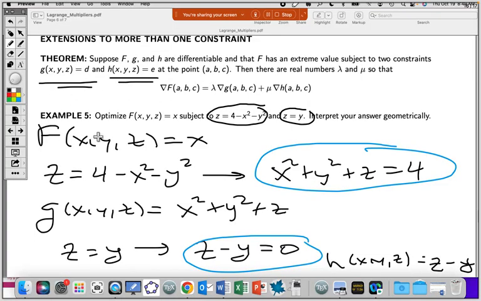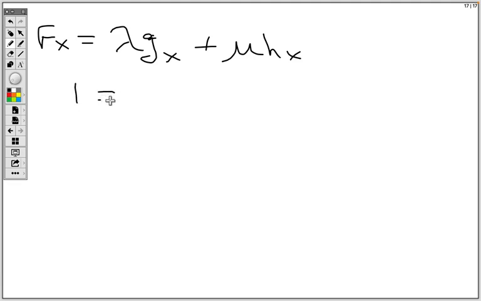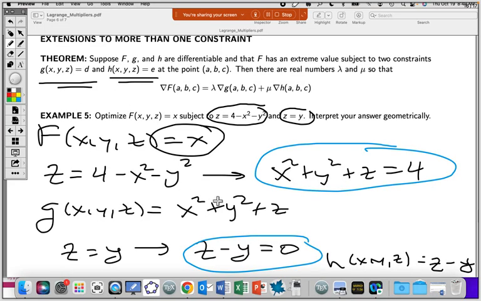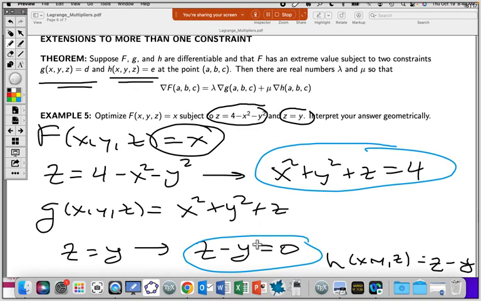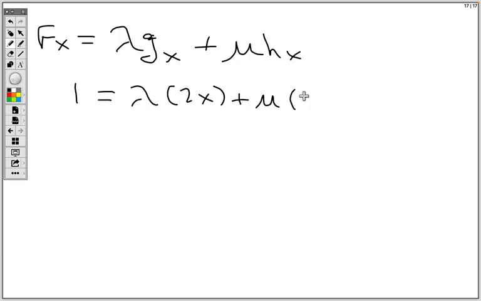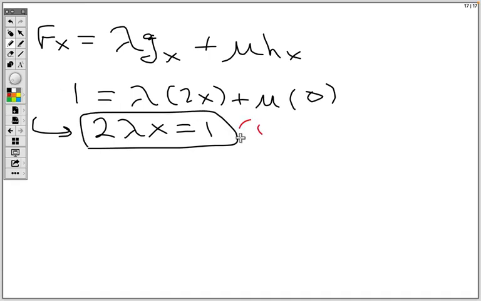So fx, well, that's just 1, is going to be lambda gx, 2x, plus mu hx, but there's no x's there, so hx is just going to be what? 0. So no mu's there. So here I'm going to get 2 lambda x is 1, so that's going to be equation 1.